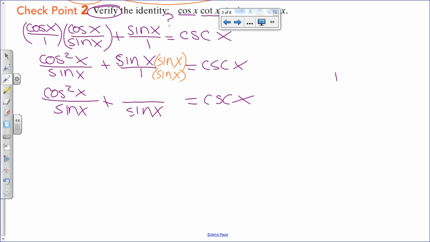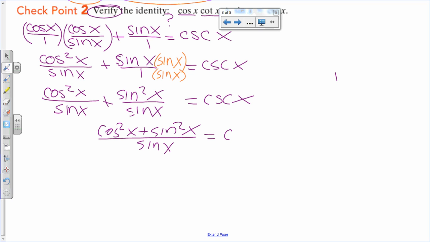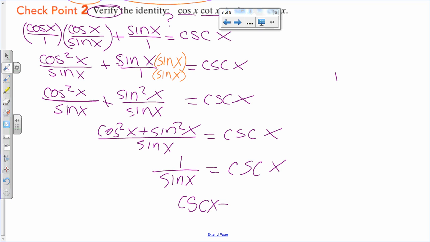So that's why you shouldn't look at the other example. So here we get sine squared, right? And then you guys know already what that equals to. If we add them, so we add cosine squared x plus sine squared x over sine of x, that will be 1 over sine x, which happens to be cosecant of x.